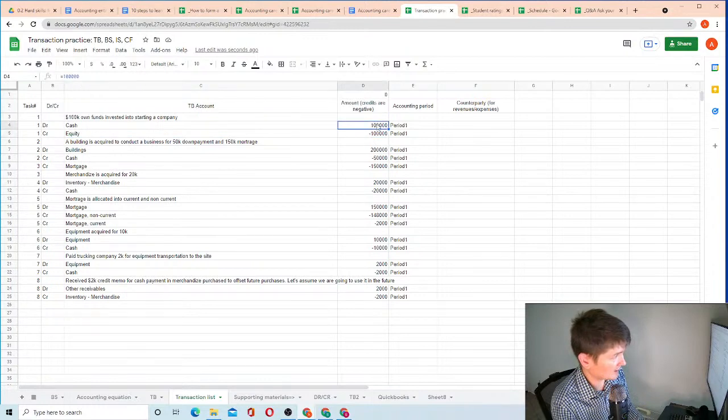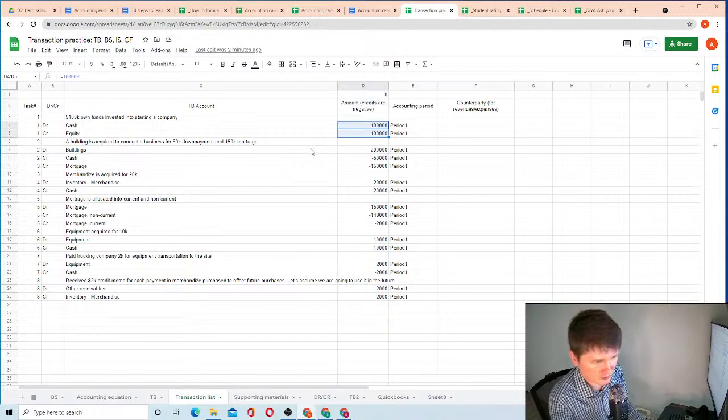You can see that I have a positive amount here and a negative amount here, and that's because I want my accounting equation to balance. And that is moving us to the next step in our accounting theory journey.